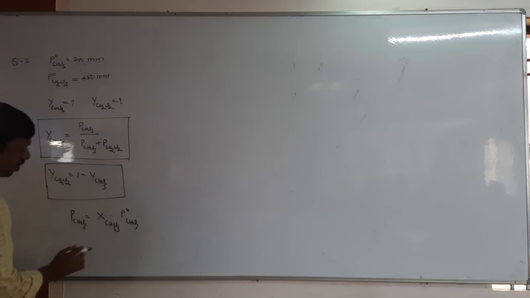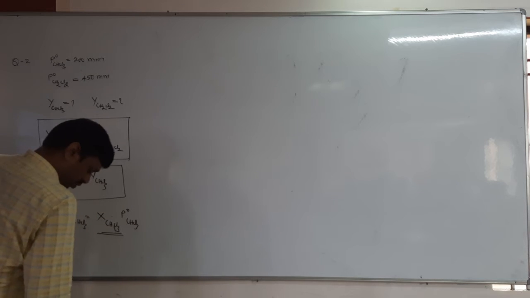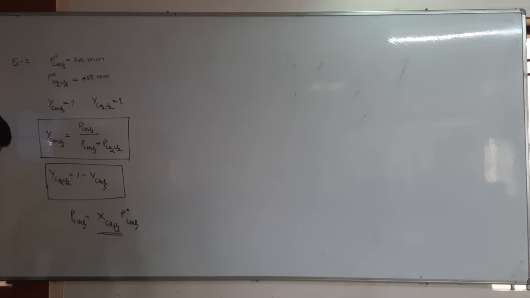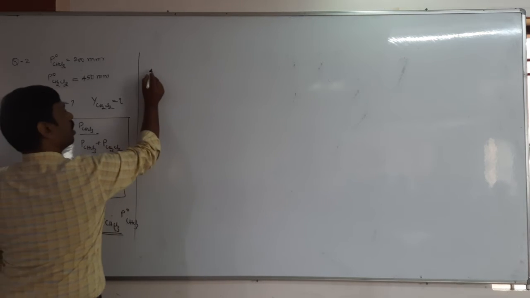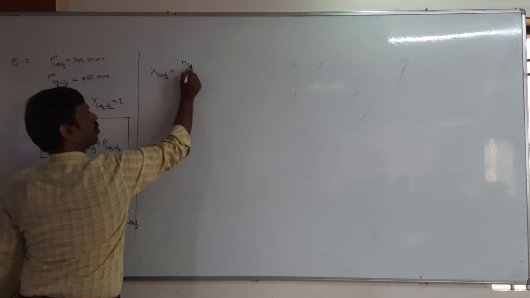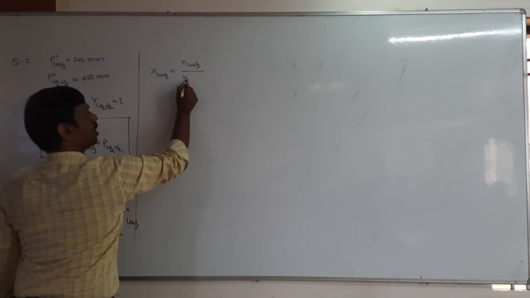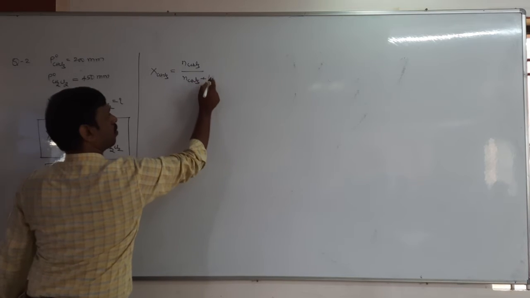P naught value is given, X value is not given, so we should calculate the X value. X chloroform is equal to N chloroform divided by N chloroform plus N dichloromethane.